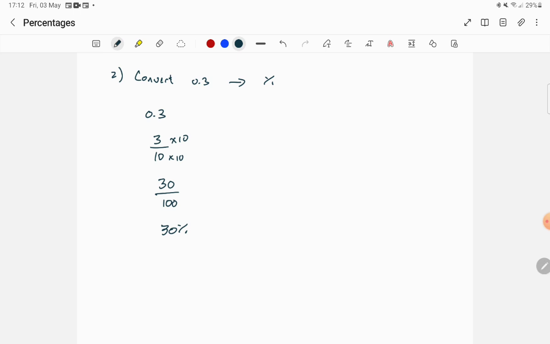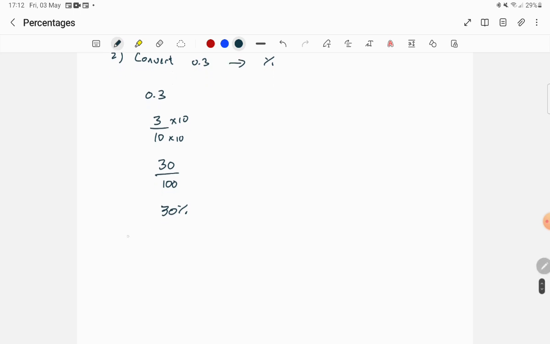Another thing you would have to work out is calculating a percentage of an amount. So to calculate, for example, x% of an amount, let's say 20% of 75 rand.